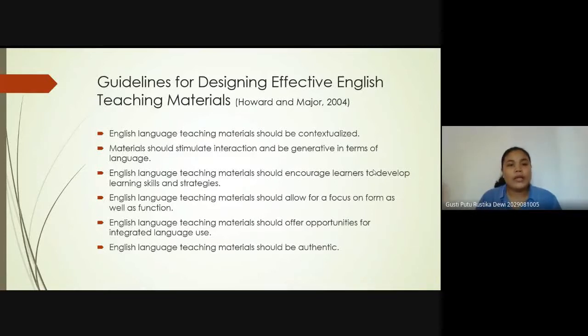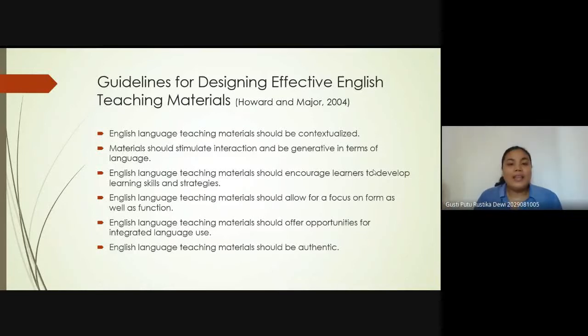The fourth guideline is that English language teaching materials should allow for a focus on form as well as function. It means that the teaching material is not focused on the communicative activities only, but also allows a focus on language form through the communicative activities.